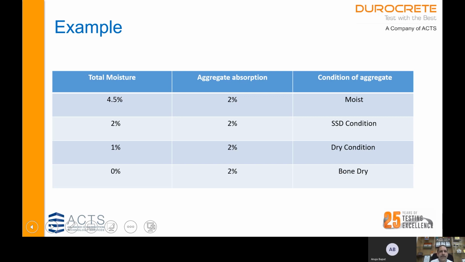In the third case, the total moisture is 1% and aggregate absorption is 2%. So the difference between the two is 1%, so it is in dry condition. And in the last case, the total moisture is 0, therefore it is in bone dry condition. And you will see that aggregate absorption, being a material property, remains the same, whereas the total moisture is changing in all these cases.